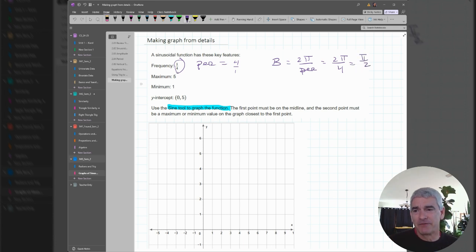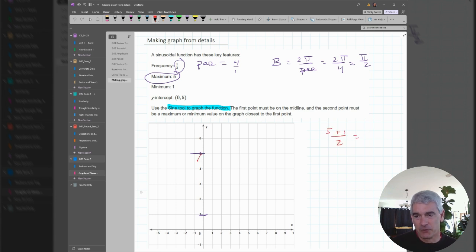The maximum of this graph, so that's the highest y coordinate, the y coordinate of a peak or a local maximum, is 5 and the minimum is 1. So it's going to go all the way up to here and all the way down to here. So finding the midline is going to be halfway between those. I could do 5 plus 1 divided by 2, or I could just eyeball it.